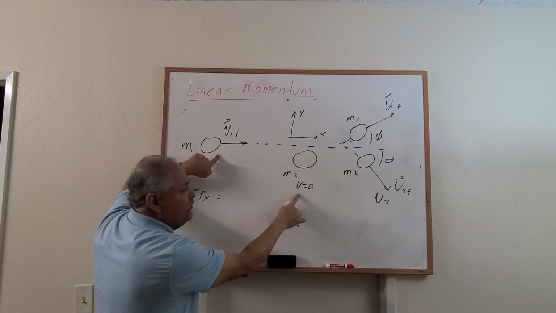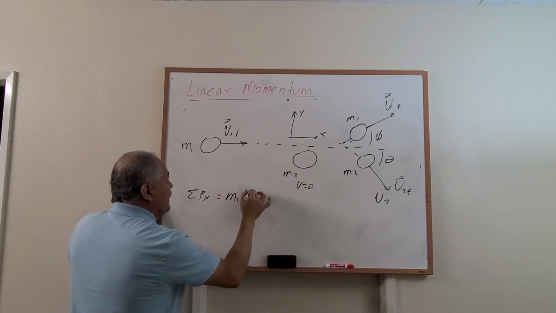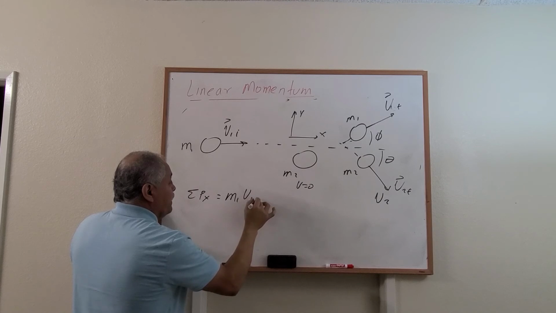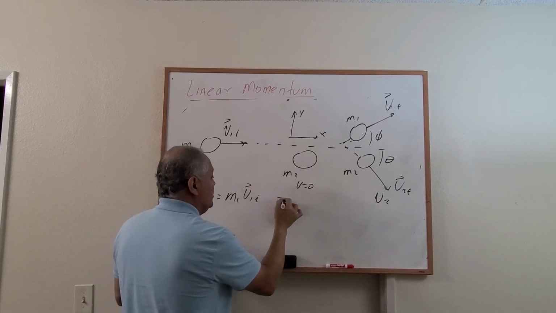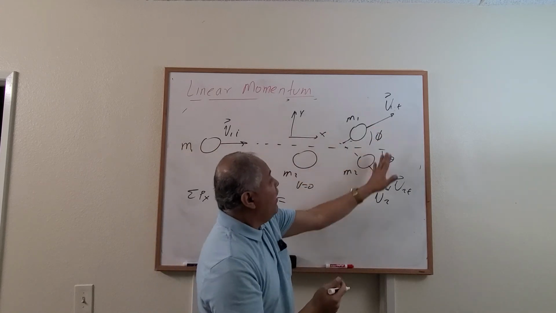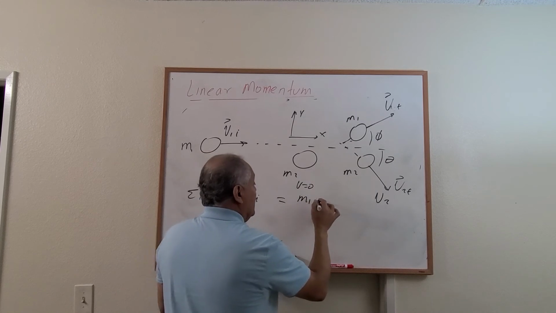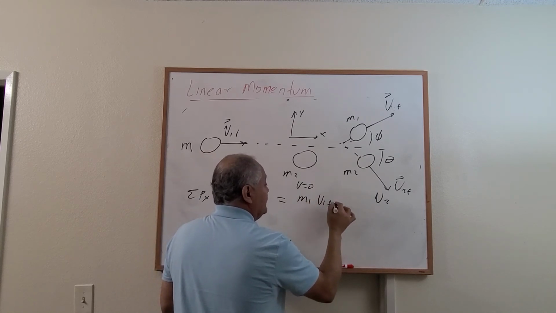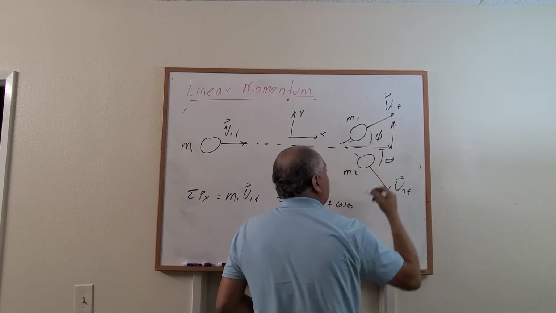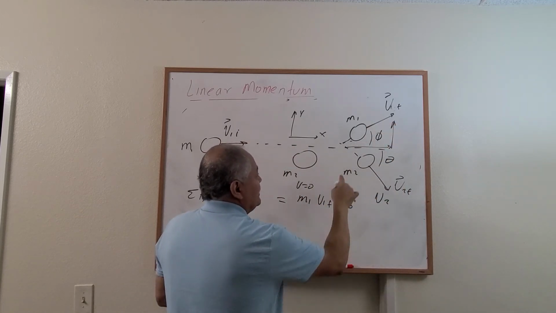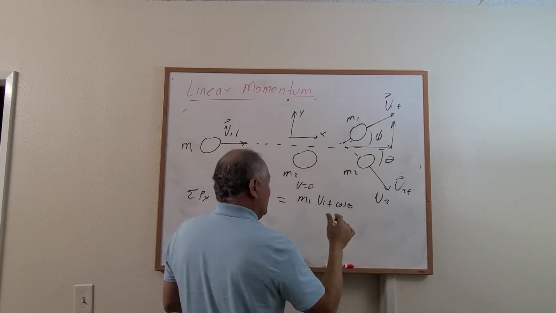So we have only m1 times the initial velocity of particle 1, equals the final component, which is m1 v1 final cosine theta. Remember, it's the component in the x direction, so it's cosine, and the one in the y direction is going to be sine. Plus what?